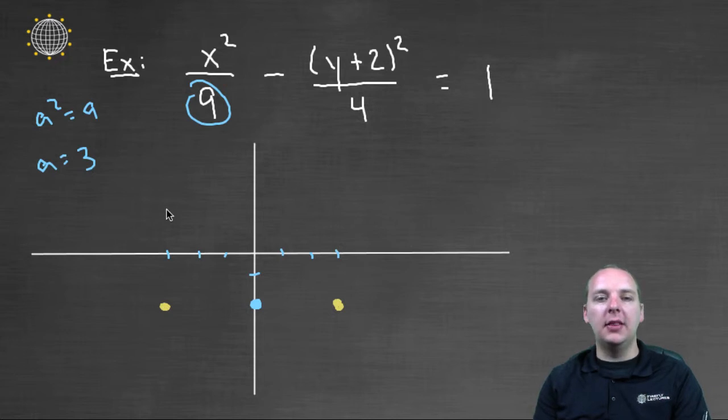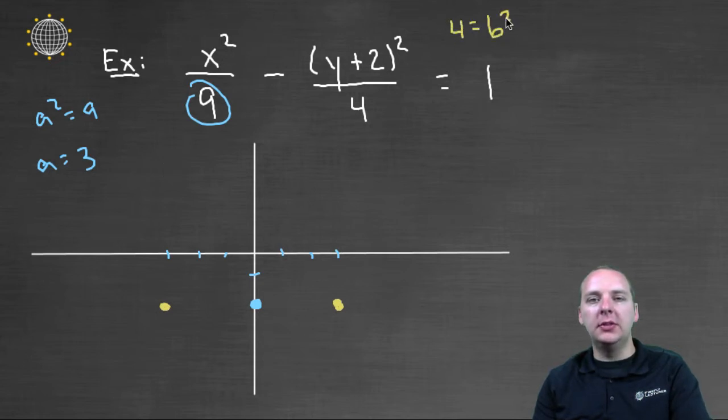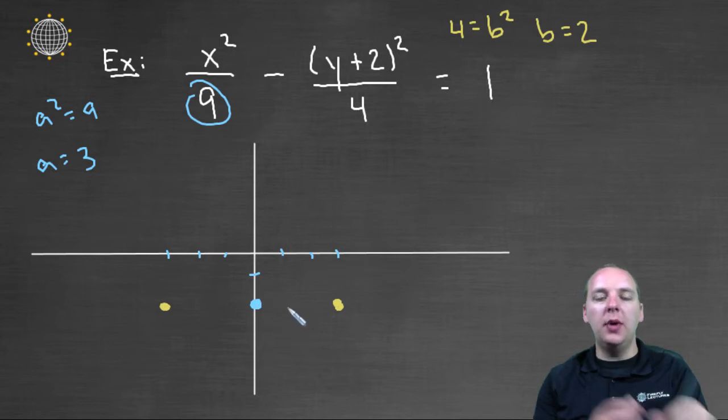Next, let's find the asymptotes that are going to help us graph this hyperbola. The a is 3, and let's see what the b is. If b squared equals 4, then b equals 2. We're going to make a very natural box that's 2a units wide and 2b units tall.